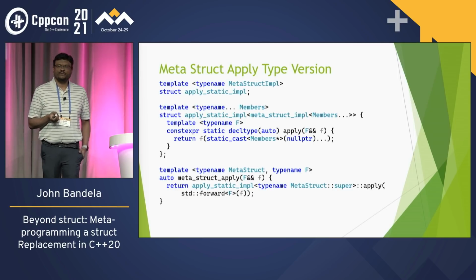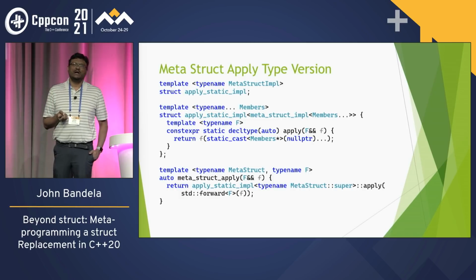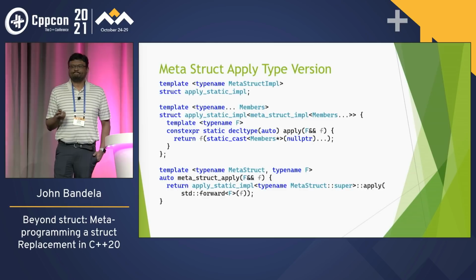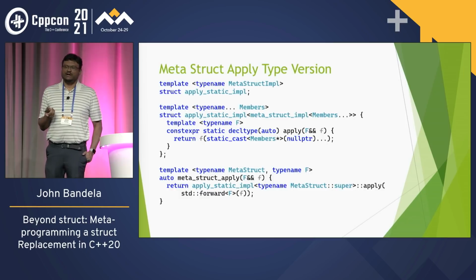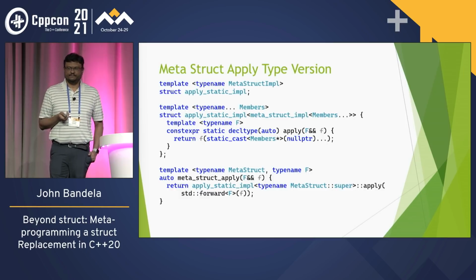For the type version, where we don't have an object, we use partial template specialization, and we do the same thing. We basically construct null pointers for member star, and we pass them to the lambda. Any questions about either of these?